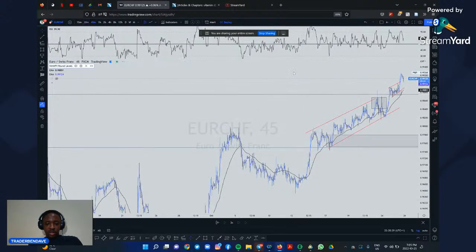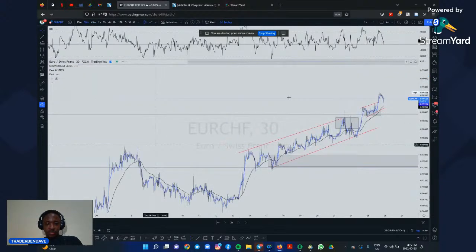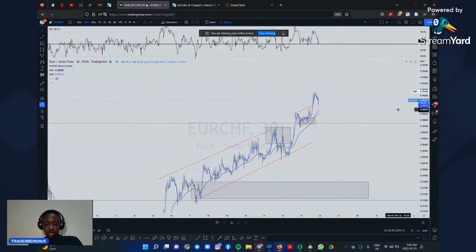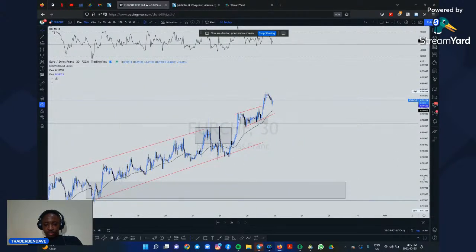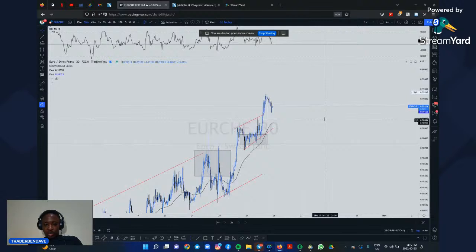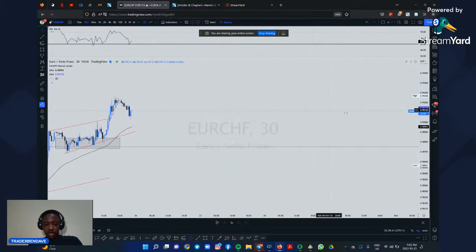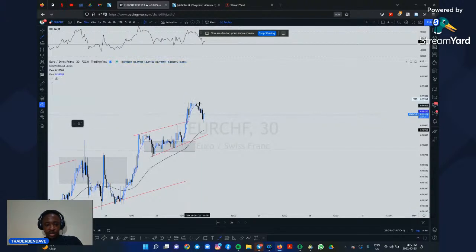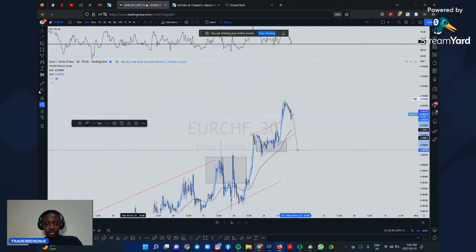So currently, price has not created any levels here for us to use as potential entry. But how we can treat this is, okay, it looks like the drop is most likely going to happen if price stays on top of this psychological level, which also happens to be this low here.